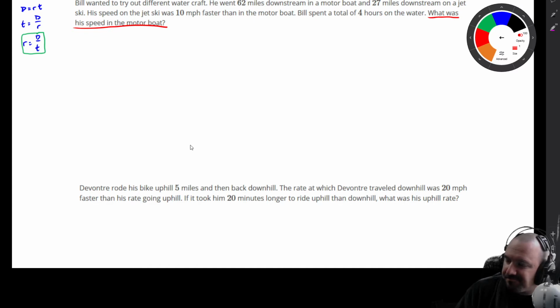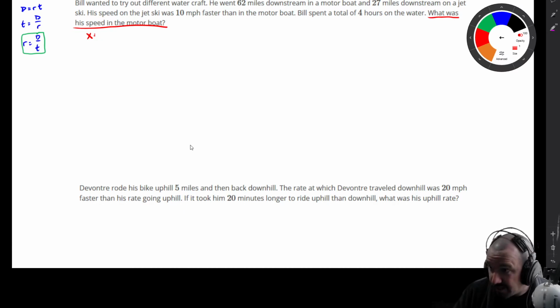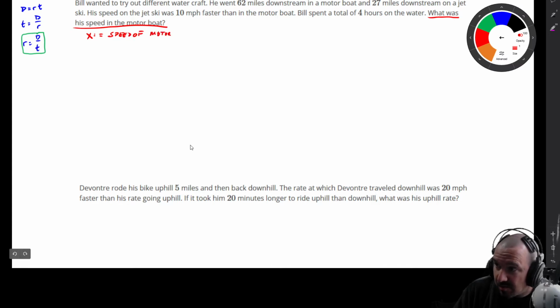And before I start the problem, I need to know what his speed in the motorboat was. So what am I looking for? Well, then my variable x is going to stand for the speed of the motorboat. Or a boat, if you're Dr. Doofenshmirtz.